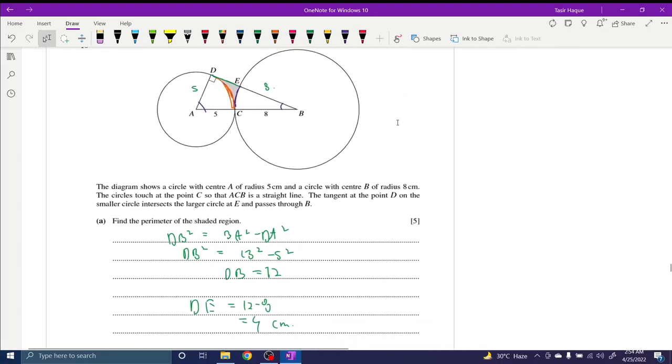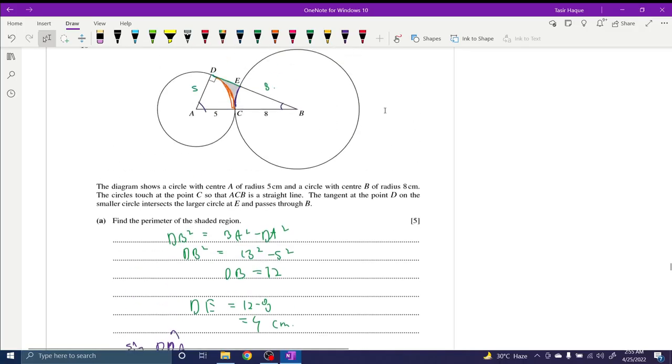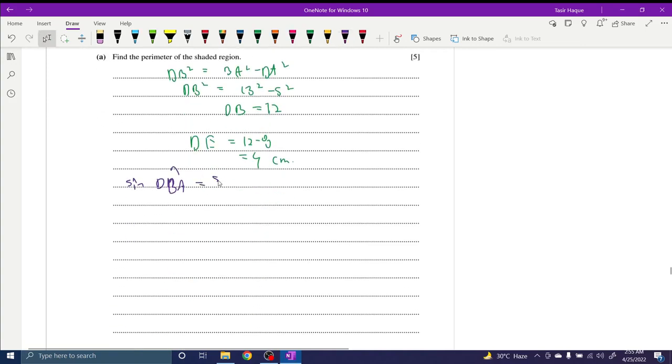Like DBA. We can just use tan or sine, you know. Sine DBA. You should set your calculator to radians, by the way. Sine DBA is equal to opposite 5 by hypotenuse 13. DBA is actually equal to 0.39479.